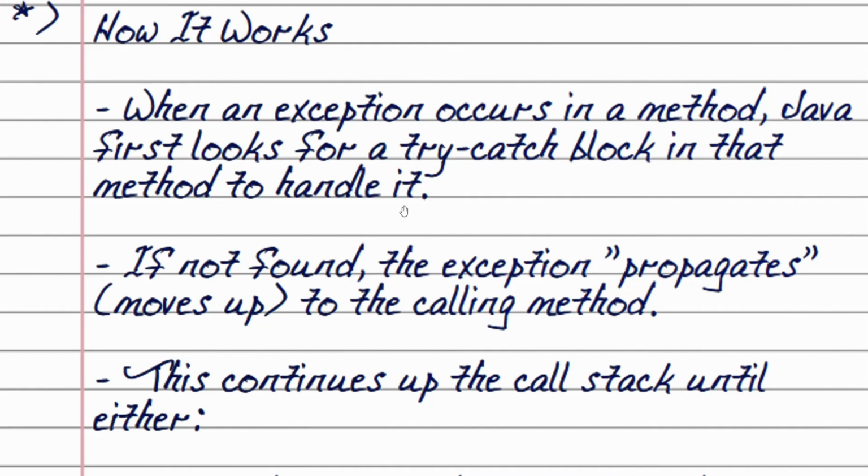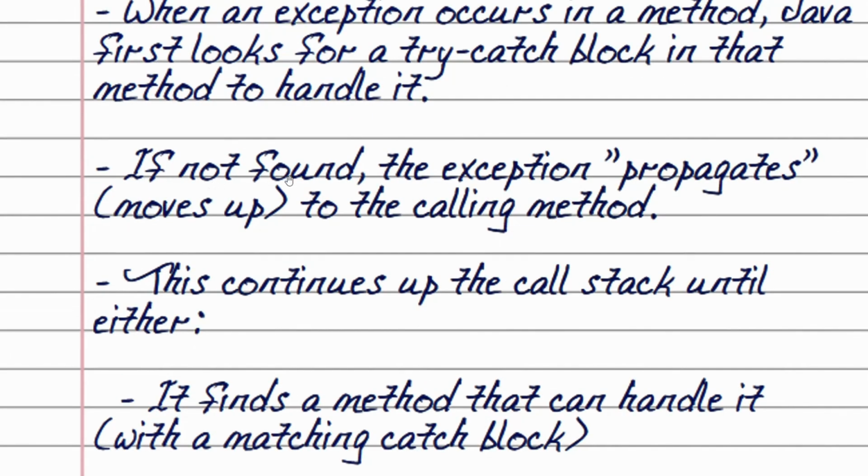In that method, if not found, the exception propagates, that is, moves up to the calling method. If the try and catch block is not found in the method, then the exception will propagate. The exception will move to its caller.